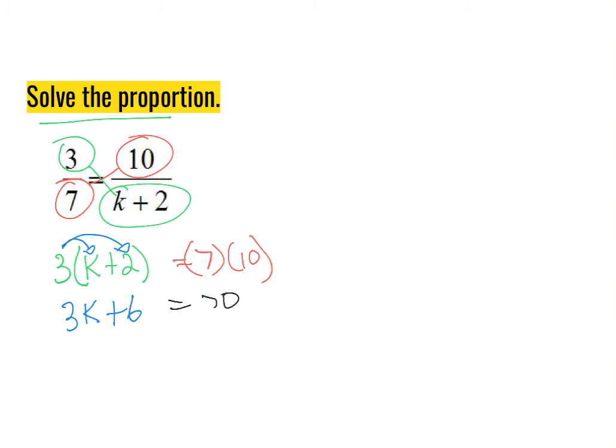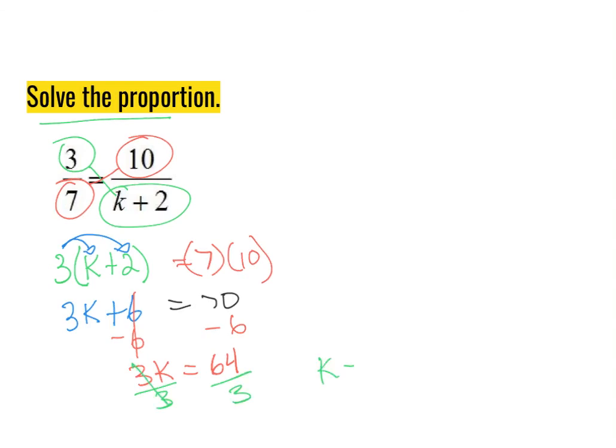And now I'm going to solve this equation. So minus 6 on both sides. 3k equals 70 minus 6 is 64. Divide by 3.